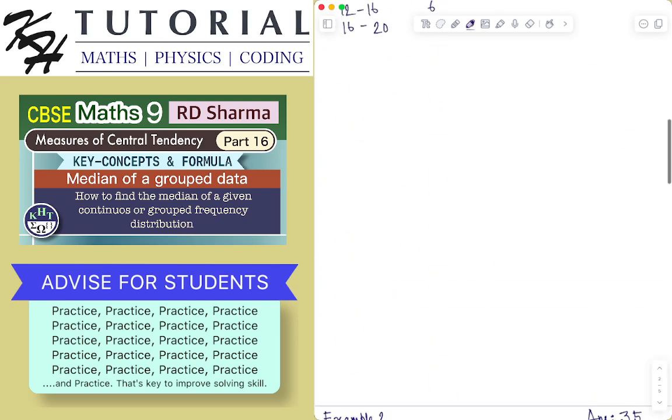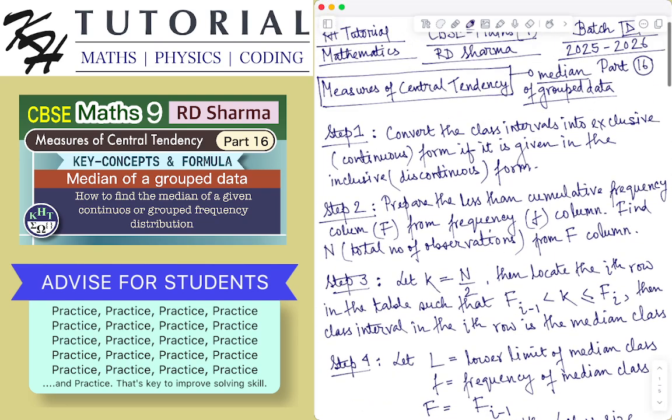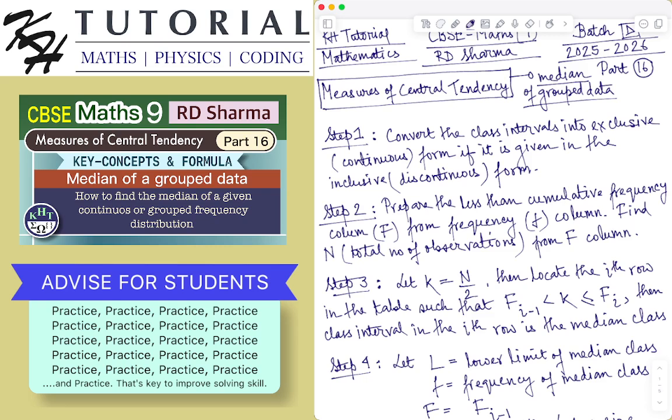Okay. So now, if the class intervals in the given group data distribution are in the inclusive or discontinuous form, first we have to convert them into exclusive or continuous form, which I will discuss how to do while I solve the example problems. Okay.